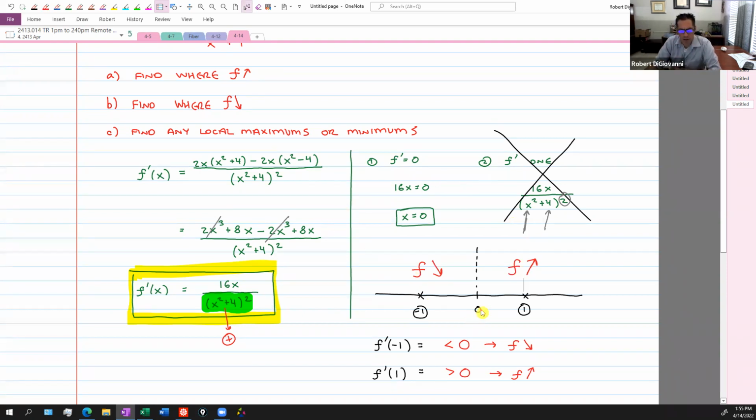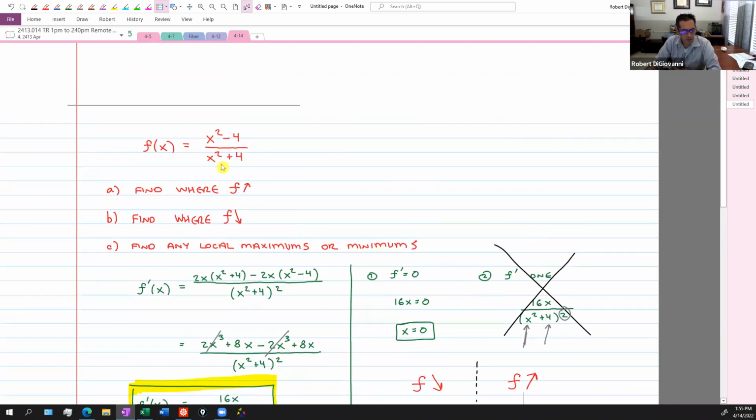I didn't say this, but 0 is in the domain of this function, right? Can you plug 0 into this? Yeah, you don't get division by 0, right? And this function actually has no domain restrictions because, yes, I agree, 2 and -2 will give you 0 on top, but that's okay.